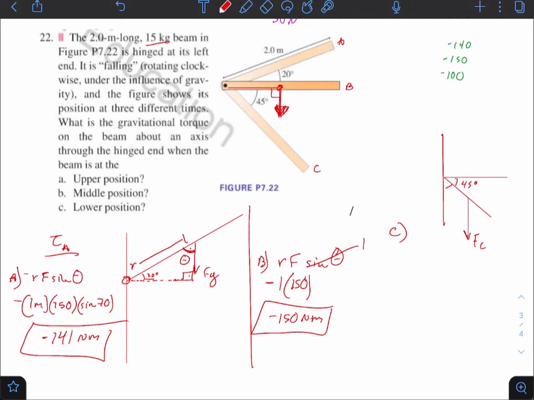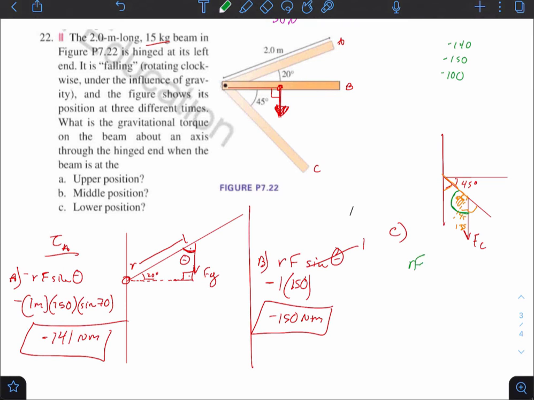And this is, I'll change colors, our radial arm. So what is the angle between those? Well, if this is 45, then this is also 45, which means this is 45 plus another 90 because this is a right angle. So this is, again, a 135-degree angle for this whole green arc between the radial arm and the force.